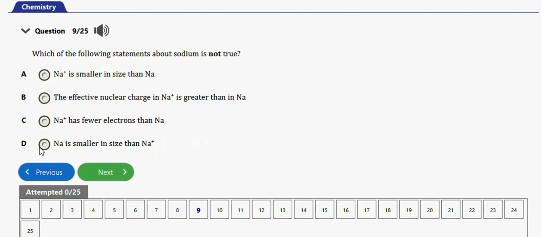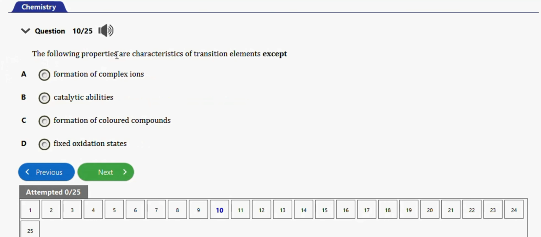No. So the right option is option D. This is not true. Okay, so sodium atom has a larger size than sodium ion, and not sodium atom having smaller size than sodium ion. Okay, so the next question will be this one.